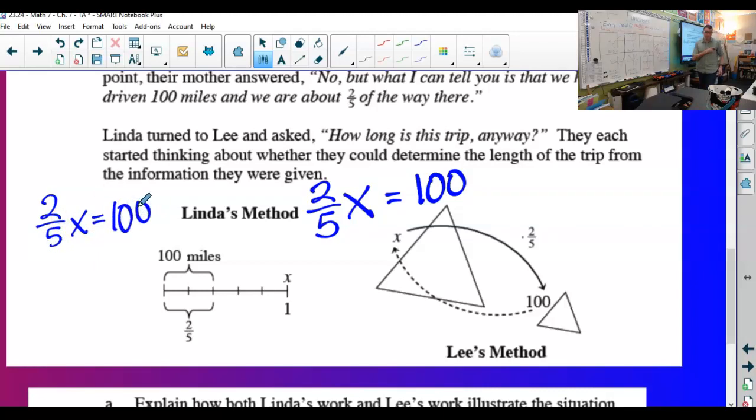Guys, you could write this on your homework paper and also on your graph paper if you want. Have a couple examples to reference.